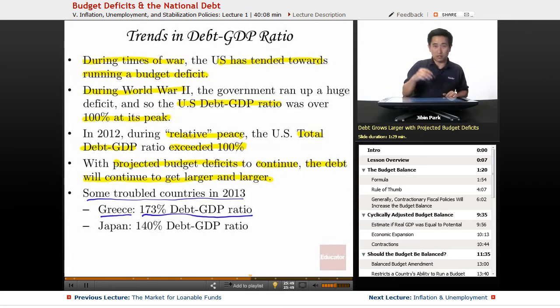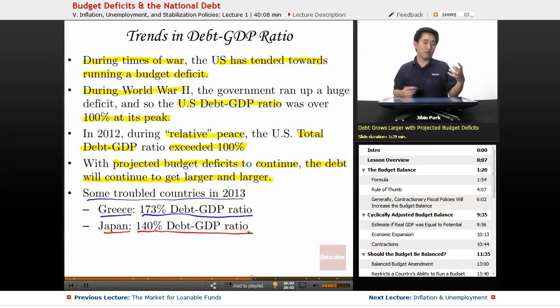And Japan, which has been experiencing a lot of deflation over the past two decades, has a 140% debt to GDP ratio. So in these terms, we're not as bad off as Greece and Japan.